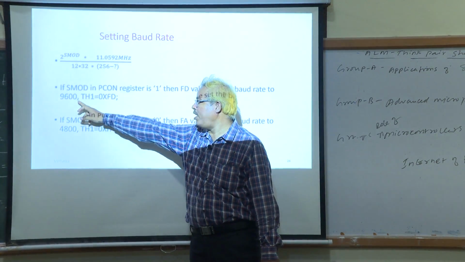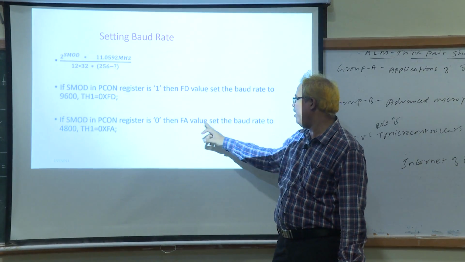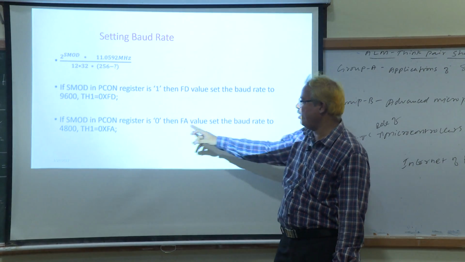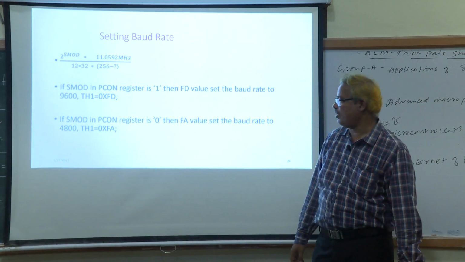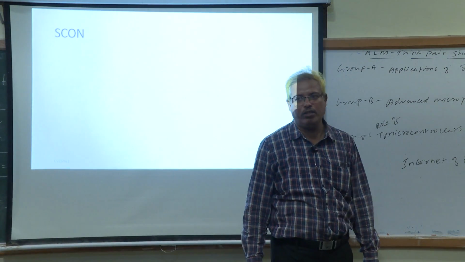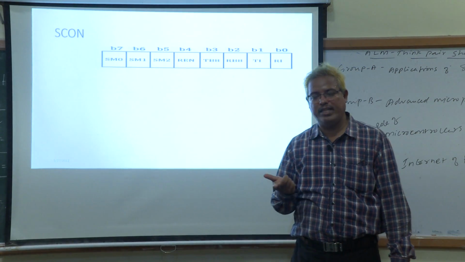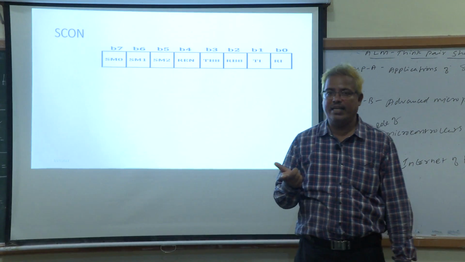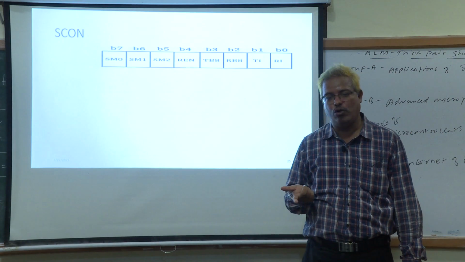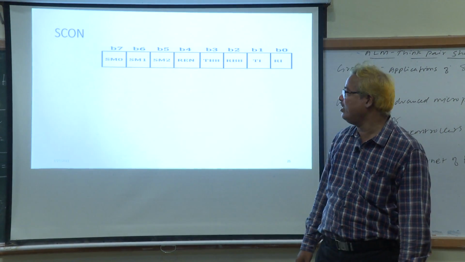If it is 0, then the FA value sets the baud rate to 4800. So for 4800 the value is FA, and for 9600 the value is FD. If FD is loaded into the timer register, the baud rate is 9600. If FA is loaded as the initial value of the timer register, the baud rate will be 4800.